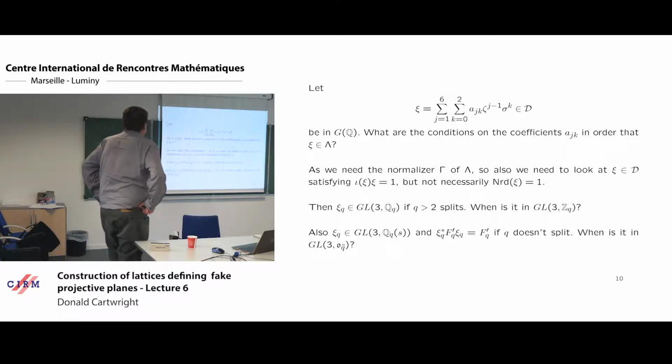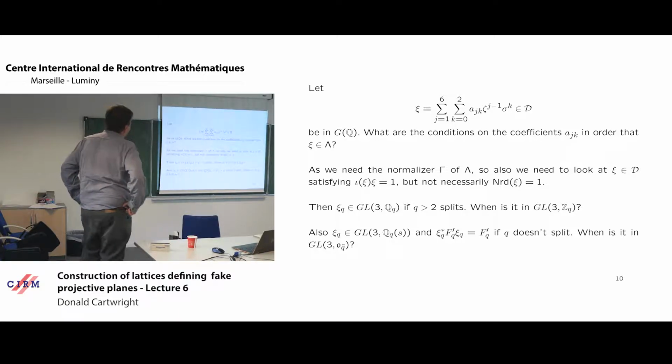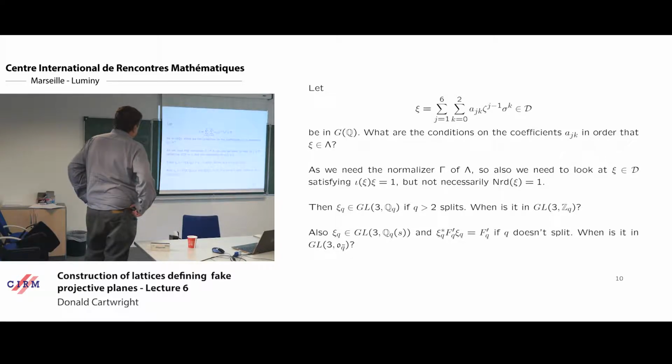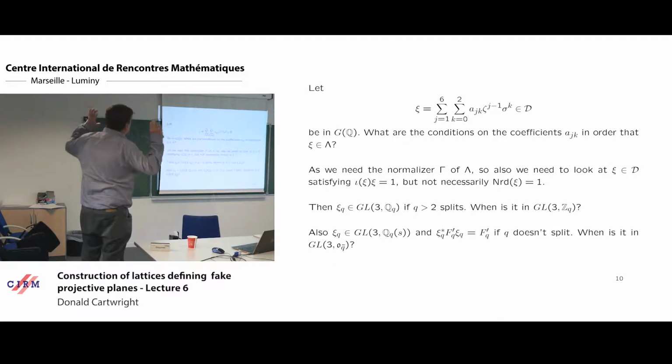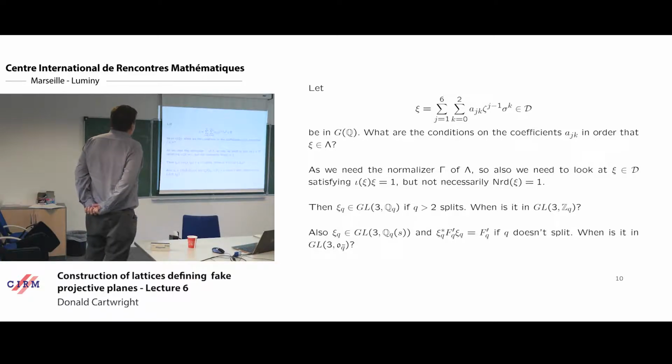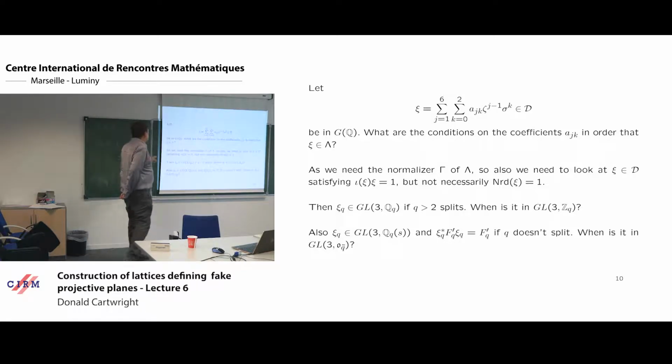So let's look at an element of our division algebra. I've written it in a slightly screwy way, so my j goes from 1 to 6 instead of the more normal 0 to 5. But anyway, I've done it like that. So we want conditions on the coefficients in order that psi belongs to this particular principal arithmetic subgroup.